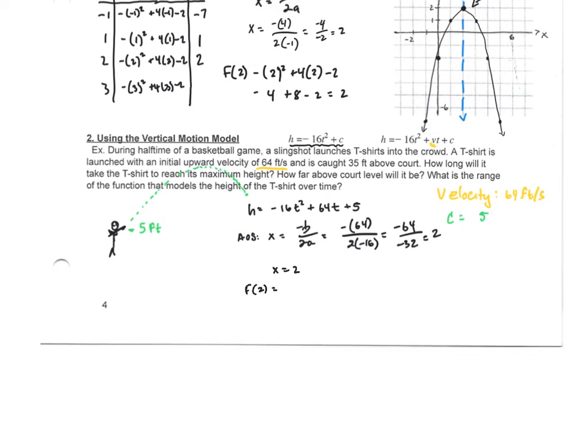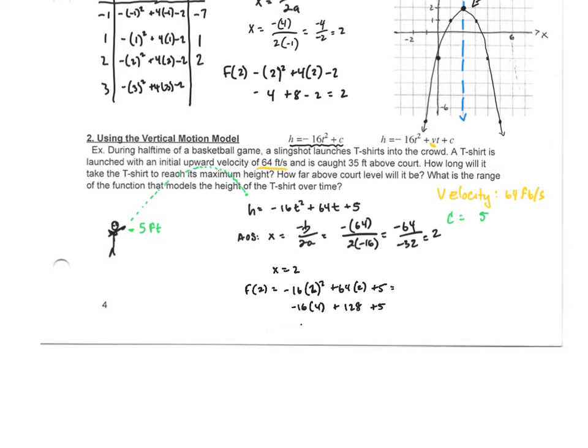Now that we've found the 2 seconds, let's plug in 2 seconds for t and find out what is the height at that point in time. And then I get negative 16 times 4 plus 128 plus 5.